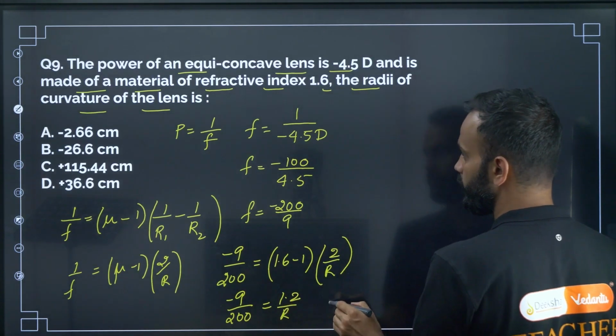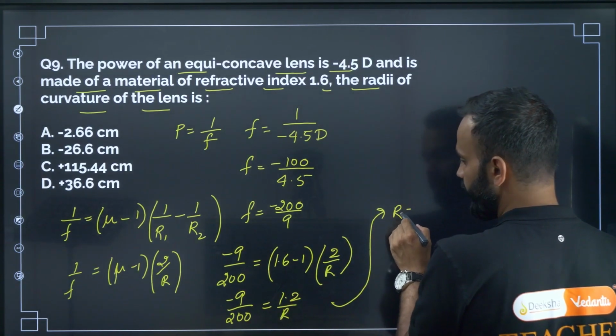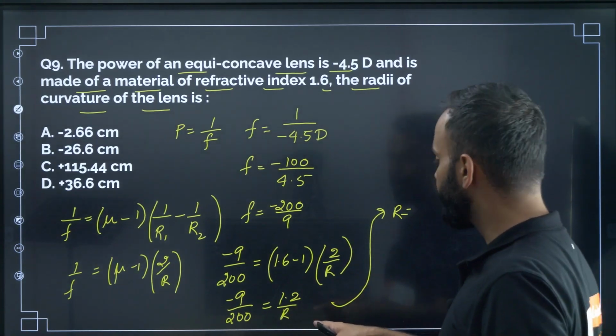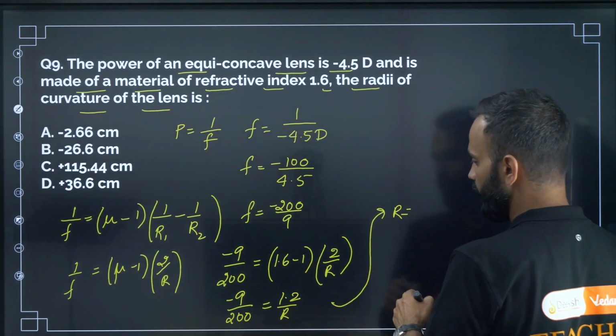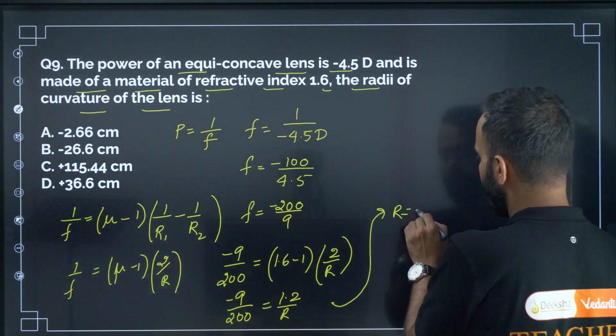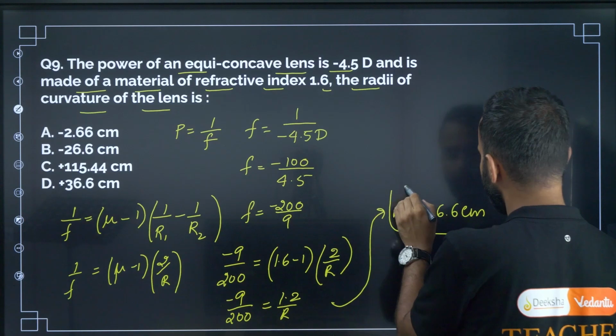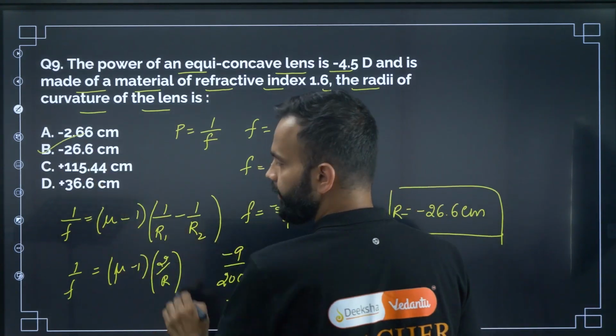Now solve this. You will get r, the radius of curvature, equal to minus 26.6 centimeter. So the correct option is B.